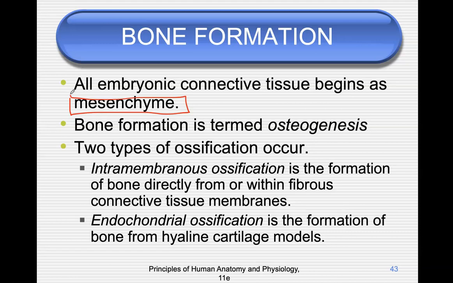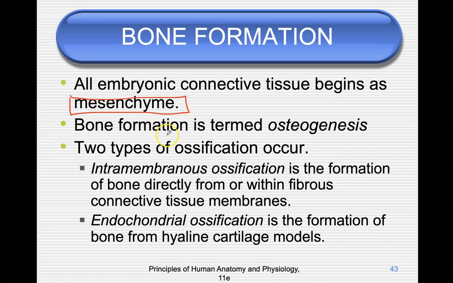It's a fancy word for these stem cells that eventually differentiate into all the different types of connective tissue. So these stem cells can give rise to dense connective tissue, loose connective tissue, cartilage, or bone. Think of mesenchyme cells as connective tissue stem cells.